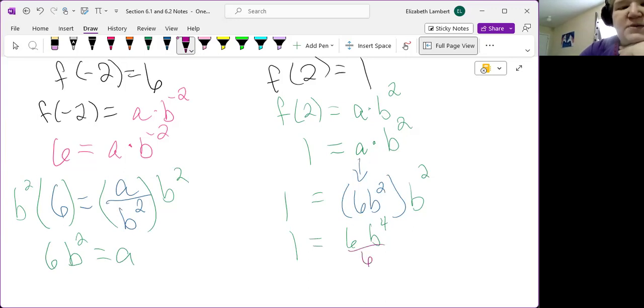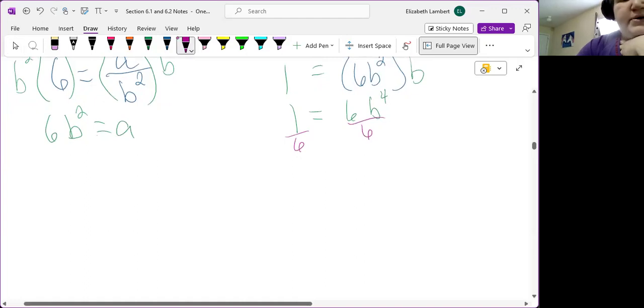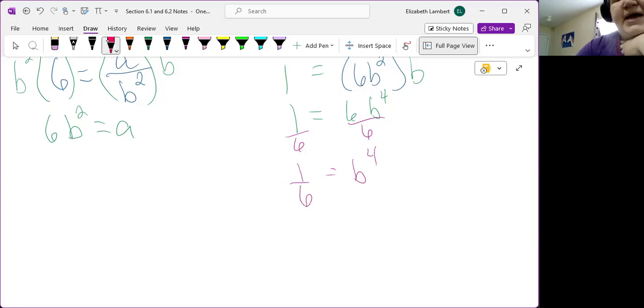Divide both sides by 6. So b to the 4th power equals 1/6. And then to cancel out the 4th, we would multiply the exponent 4 by 1/4. So that is what we will do on the other side. And again, plenty of parentheses.